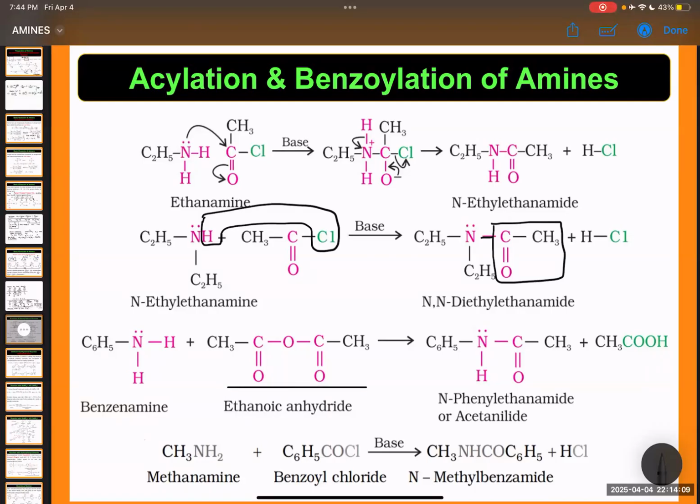They can be used for carrying out the acetylation of NH2. Means you are putting acetyl group or benzoyl group in place of H. Got it? So you end up with an amide. This is also an amide. Got it?